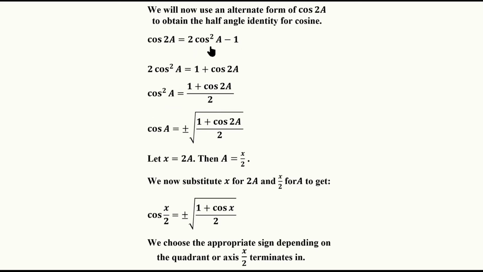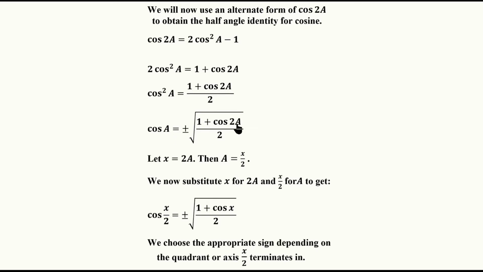We move this negative 1 to the other side. We end up with 2 cosine squared a equals 1 plus cosine 2a. Of course, we switch the sides of the equation, which is always allowable. And then we go ahead and divide both sides by 2. So we end up with this expression. So we see cosine a equals plus or minus square root of 1 plus cosine 2a over 2.